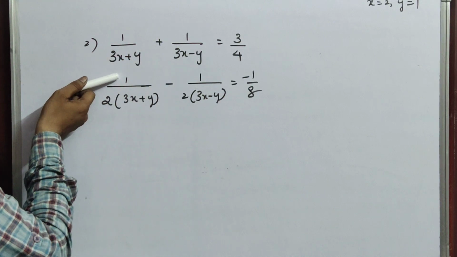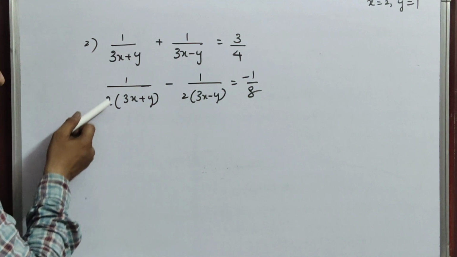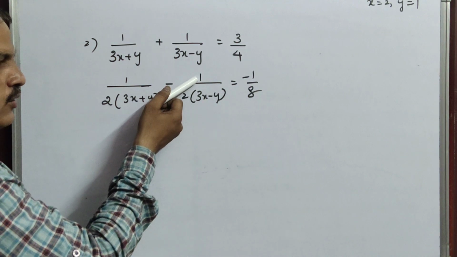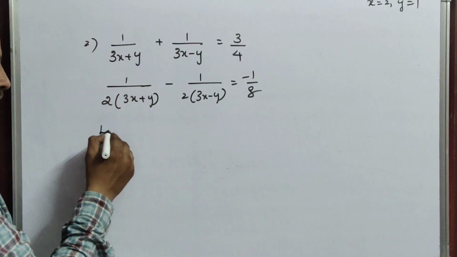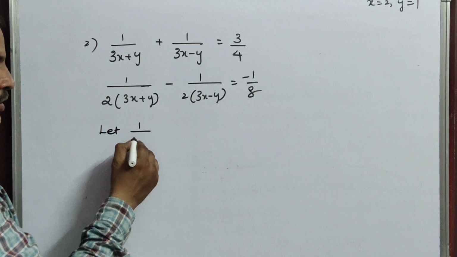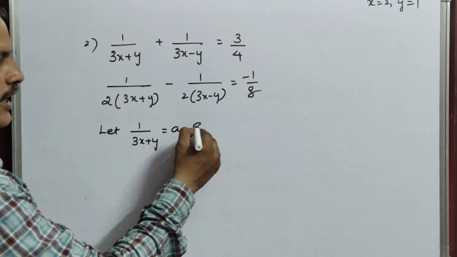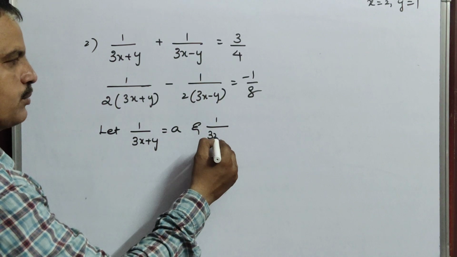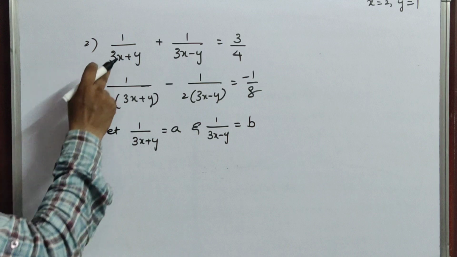Here also 1 by 2 is there, means 1 by 2 times 3x plus y, 1 by 2 times 3x minus y. So here let 1 by 3x plus y equals a and 1 by 3x minus y equals b. This will be very easy.